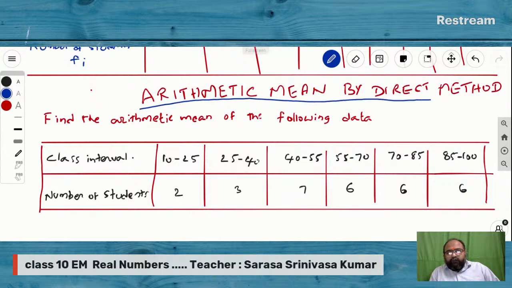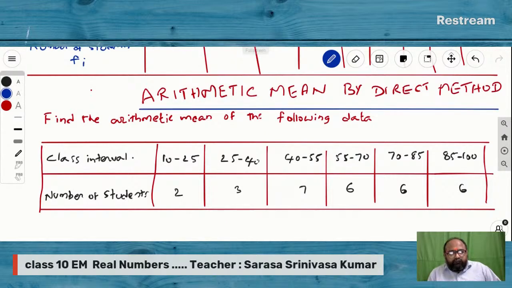So we are finding the arithmetic mean of the following data by direct method.